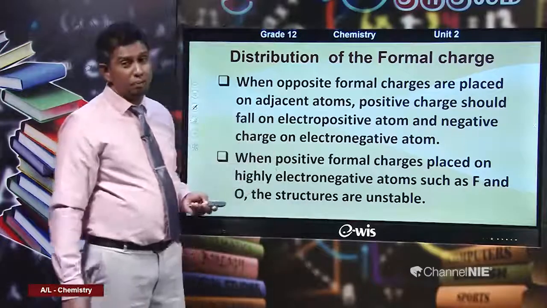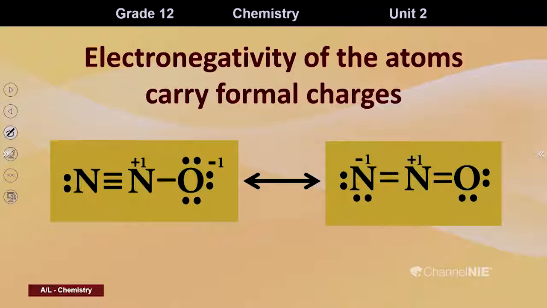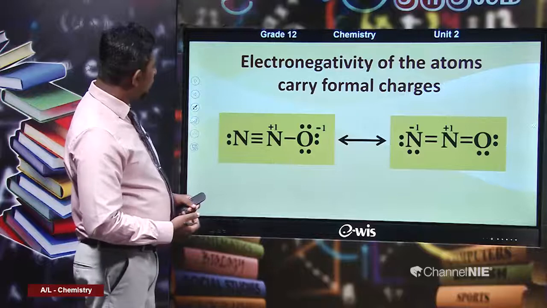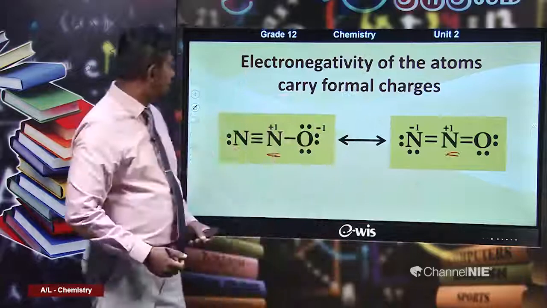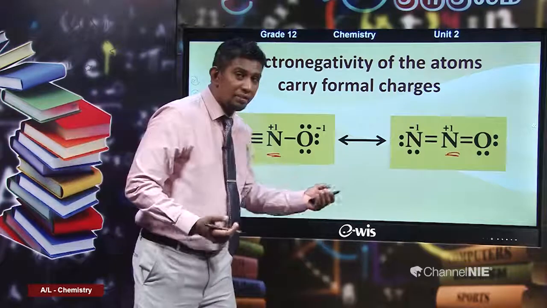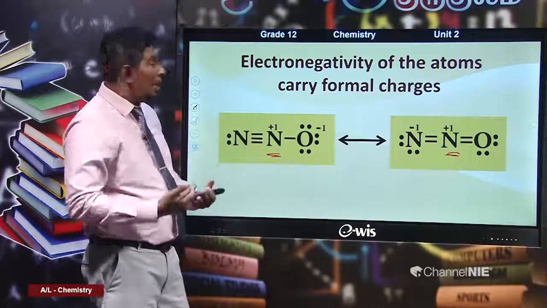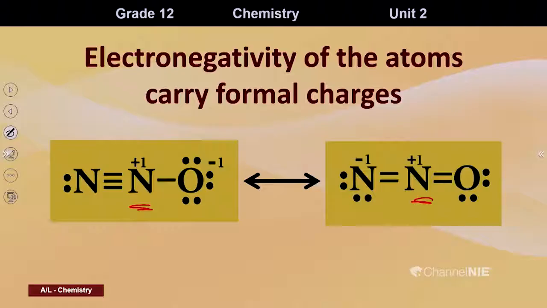Okay, that's the point. When you check these, you could find +1 and -1, +1, -1, +1. So what's the difference between these two? You have the central atom in both carrying just +1, no difference there. But here oxygen is carrying a -1 charge, while here it's nitrogen at the other end.